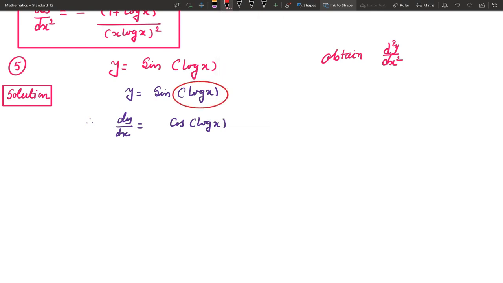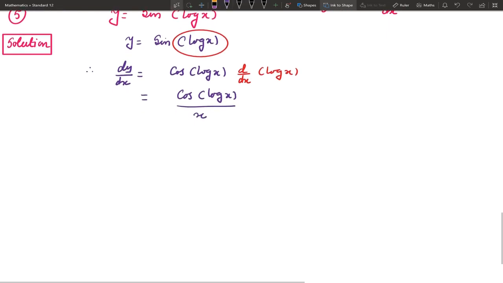First derivative of sine, it is cos log x. Now we have to use chain rule, so d by dx of log x, it is 1 upon x, so this is cos log x upon x. So now let us obtain second order derivative.